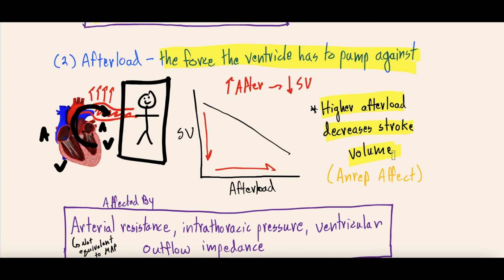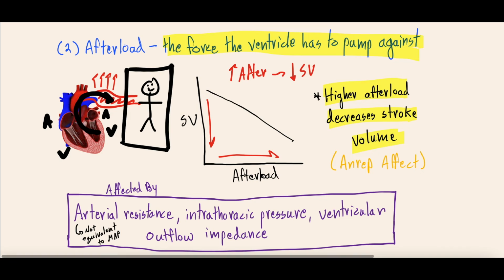There is a small caveat to that, and that's this thing called the Anrep effect. All right, and the Anrep effect is an effect that they found in animal models, that says if your afterload in a healthy heart acutely increases, so, let's say for some reason you got scared and your blood pressure skyrockets, and it increases your resistance in your arteries that the heart is pumping against, you don't initially have a huge drop in your cardiac output and syncopize or something.